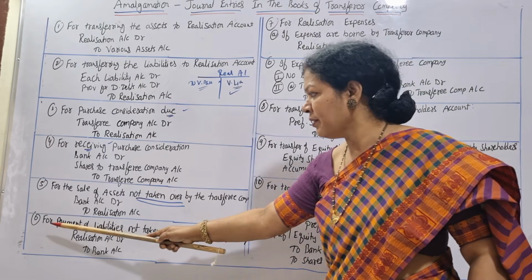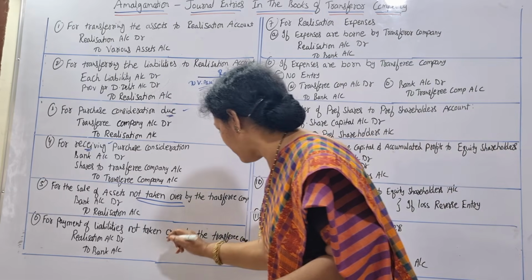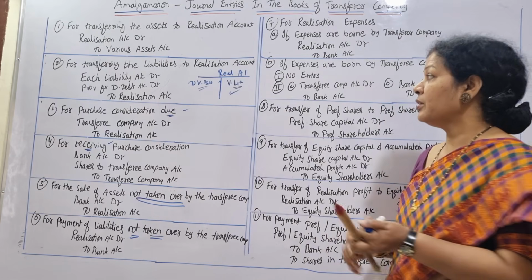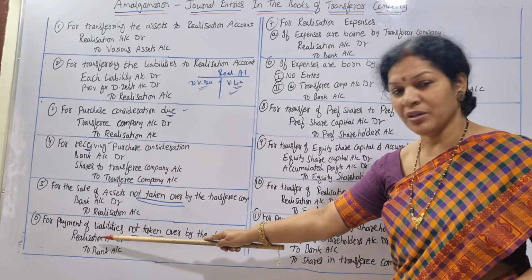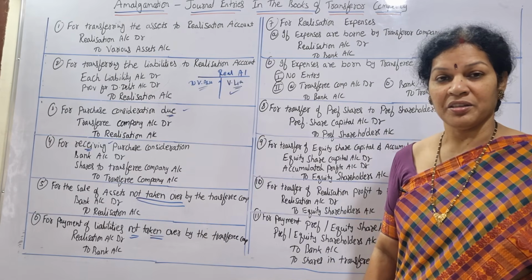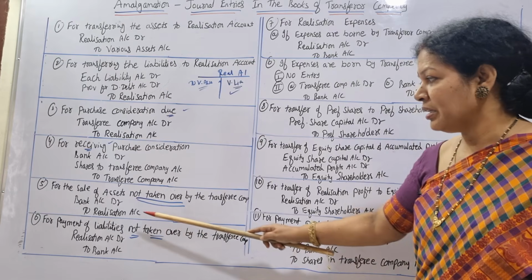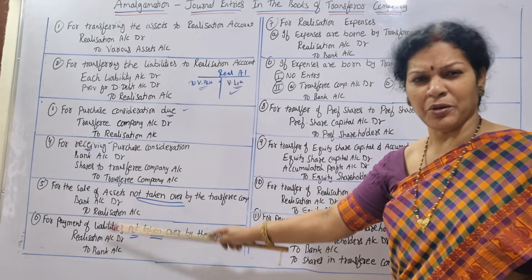In the same way, for payment of liabilities not taken over by the transferee company. Taken over, credit side; not taken over, debit side. So you are writing on the debit side, realization account debited to bank account. Here, bank account debited to realization account. Quite opposite.